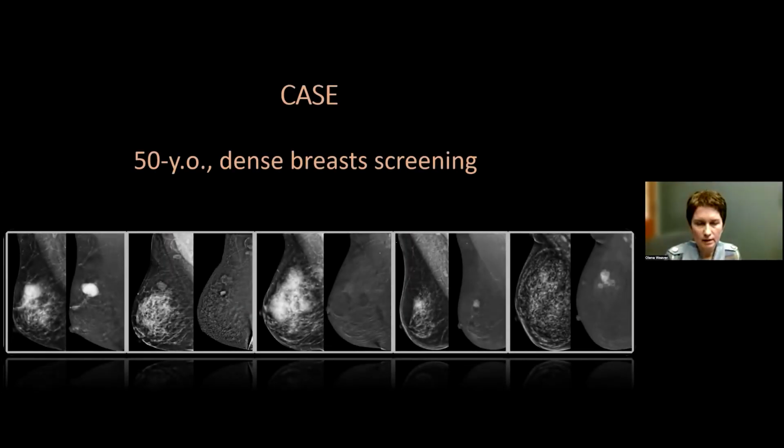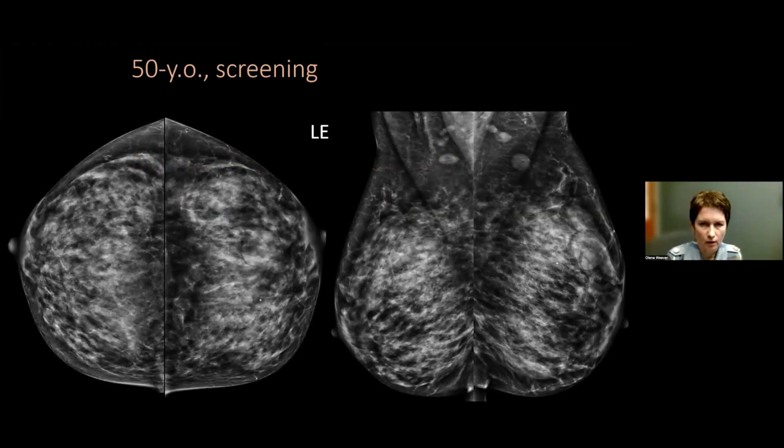So the next case is a 50-year-old woman with dense breasts who presented for CEM screening. We can see her low energy images demonstrate really heterogeneously dense or even extremely dense breasts, and we can discern multiple little masses.